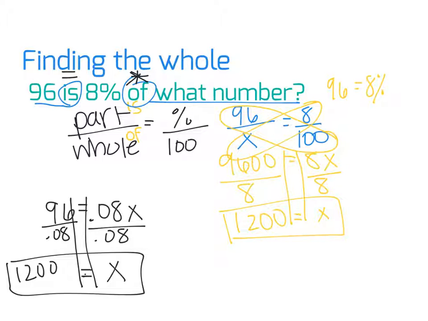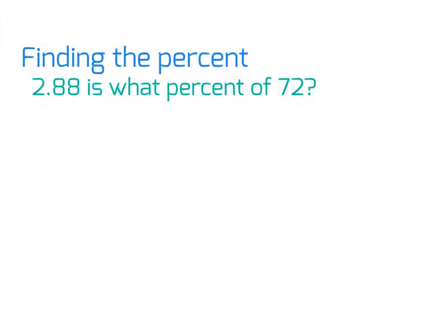Those are very similar to one another in the way that one of them you're finding the part, the other one you're finding the whole. And if neither of the strategies make sense, also let me know. So we can either try another strategy or we can review one of them.